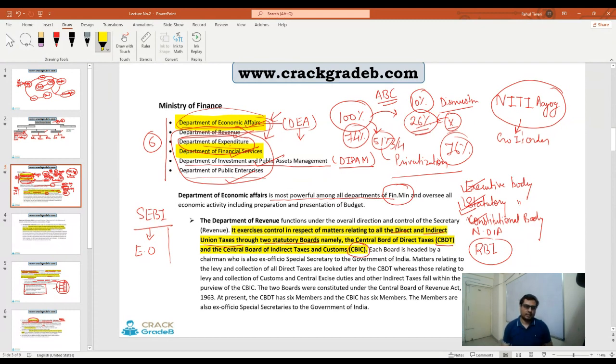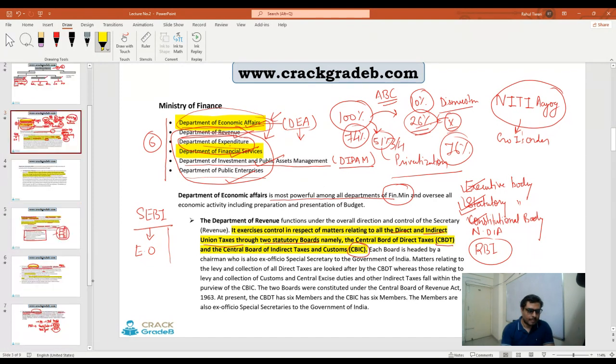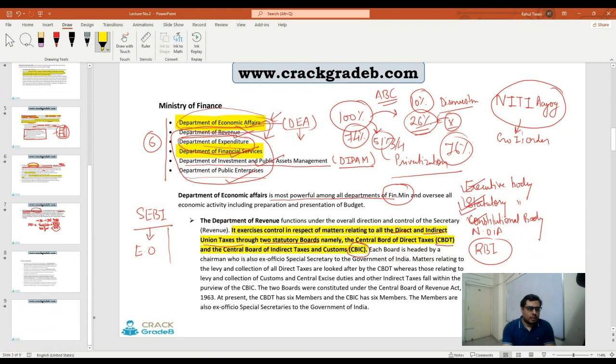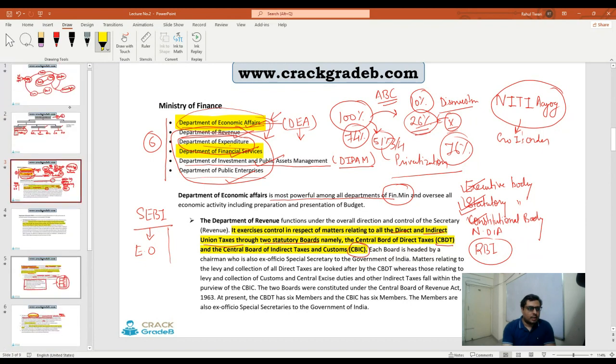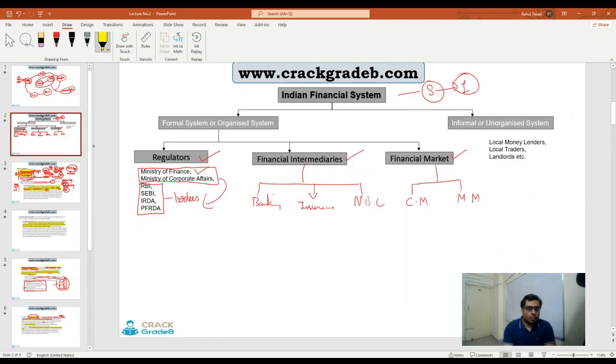That's why I have explained it to you in detail. I told you that under the regulator category, one is the Ministry of Finance and another is the Ministry of Corporate Affairs.